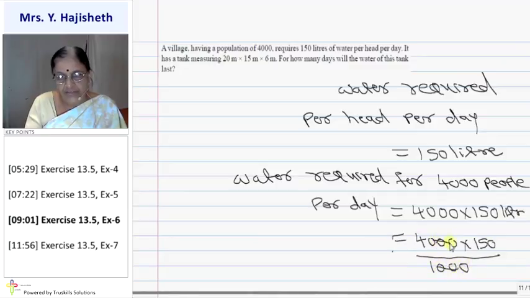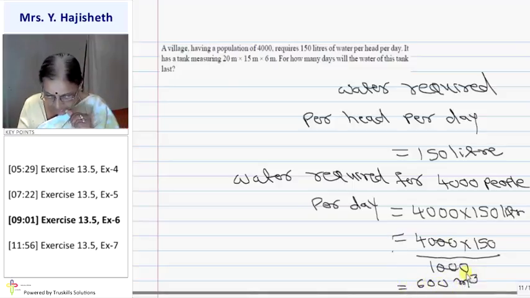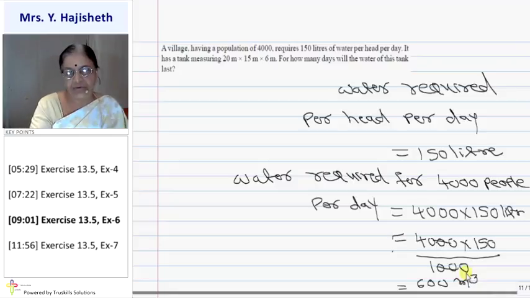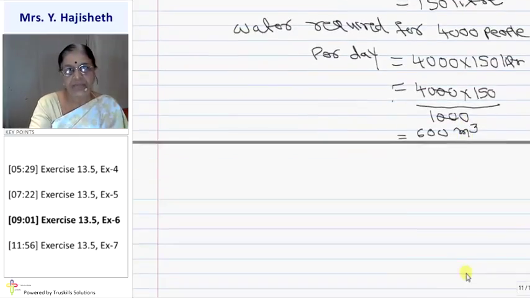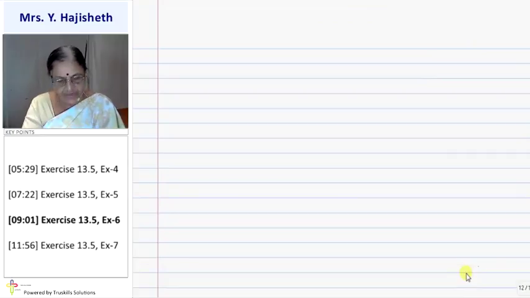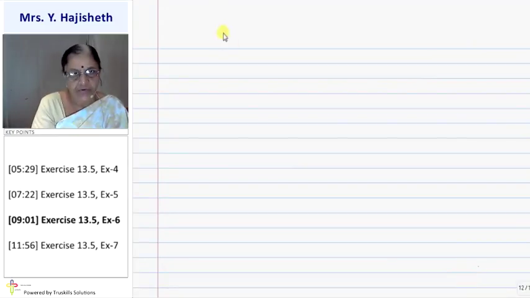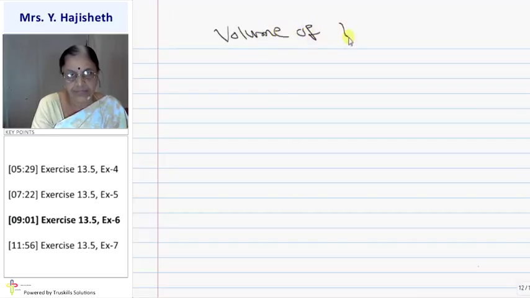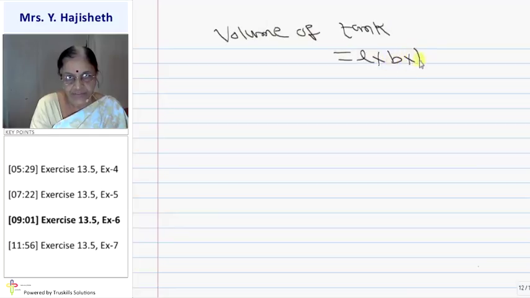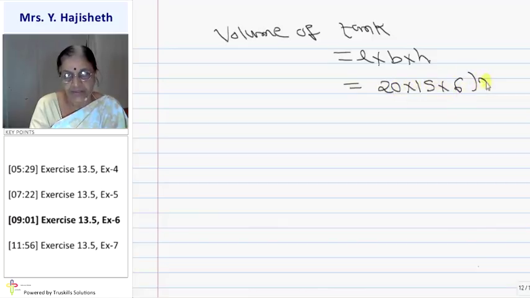So after cancelling, it is 600 meter cube. This much water is required per day. Now total capacity of tank. Capacity of tank, or volume of tank, is L into B into H. So it is 20 into 15 into 6 meter cube. Clear?